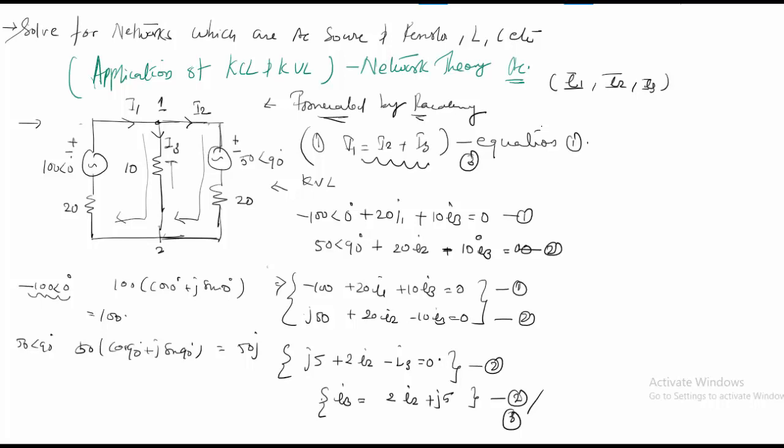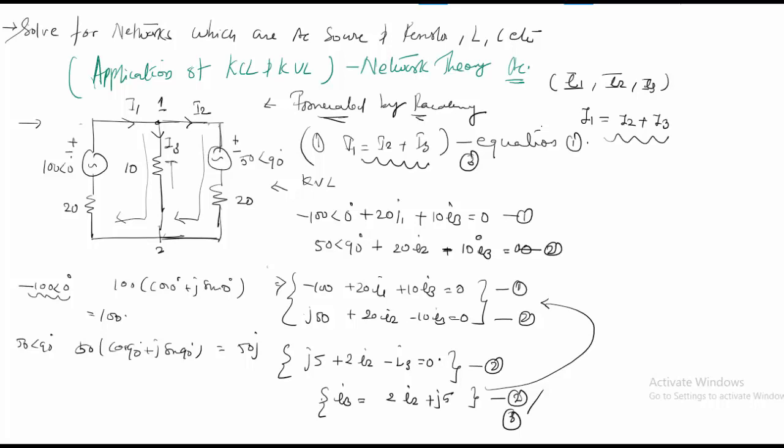So that I1 is equal to I2 plus I3. So this will give me my third equation, and the key is that you have to substitute this in the first equation.